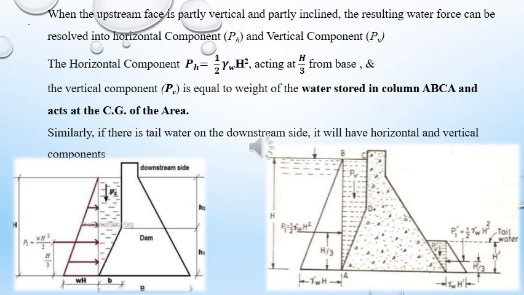So P dash is equal to 1 by 2 gamma W H dash square, acting at H dash by 3; this is the horizontal water pressure. The vertical water pressure, PB dash, is the weight of the water resting on this inclined face, acting at the CG of the area.